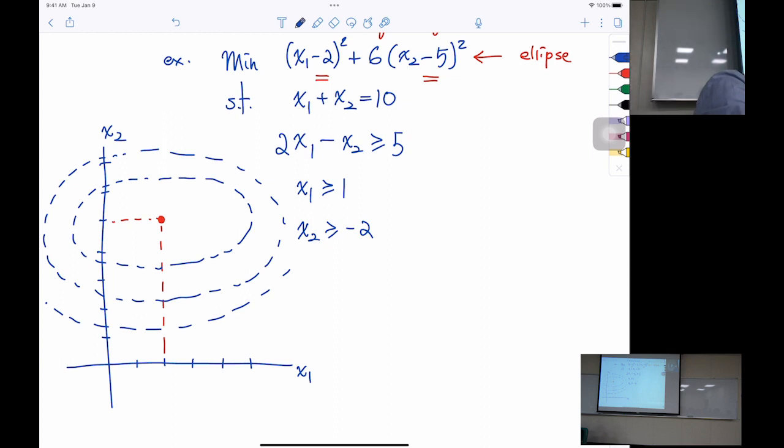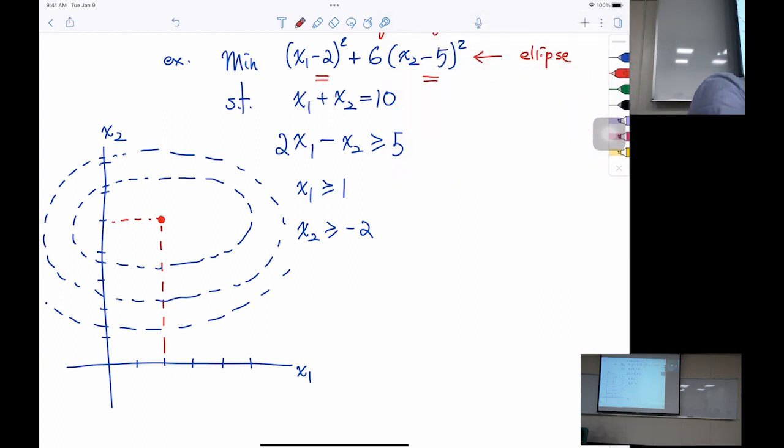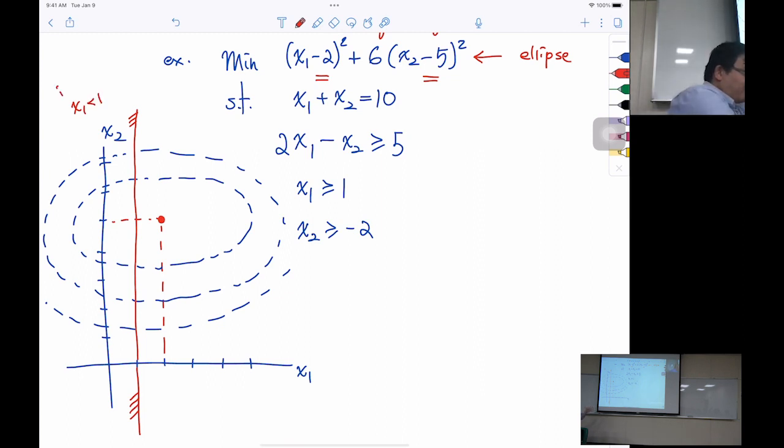So let me try to make drawings of those functions. x1 must be greater than 1. It's actually a straight line, a vertical one. And on the left hand side of this red straight line will be infeasible, because over here x1 is smaller than 1. It's infeasible. On the right hand side and also on the line, it will be okay.